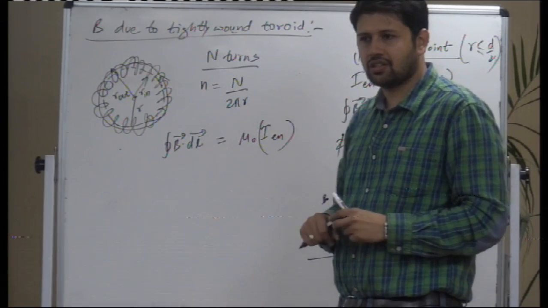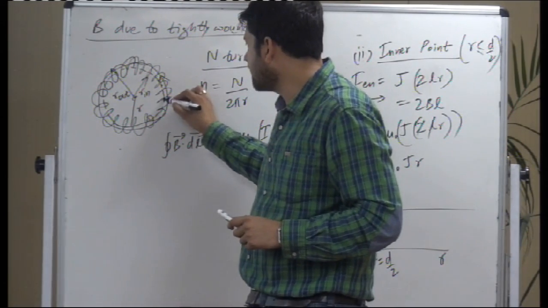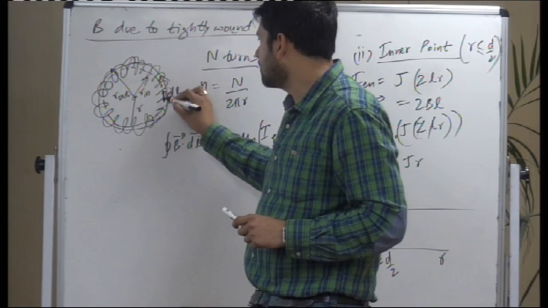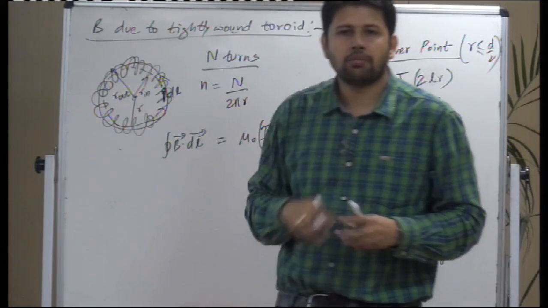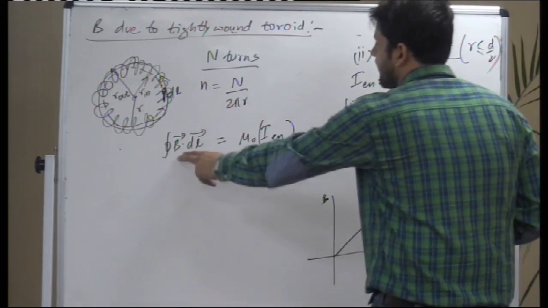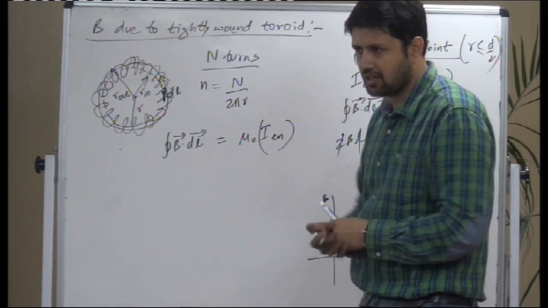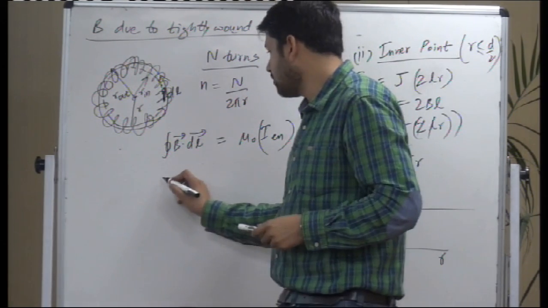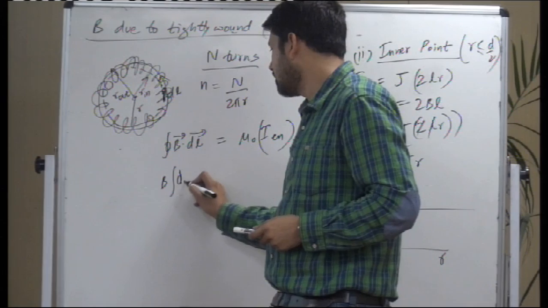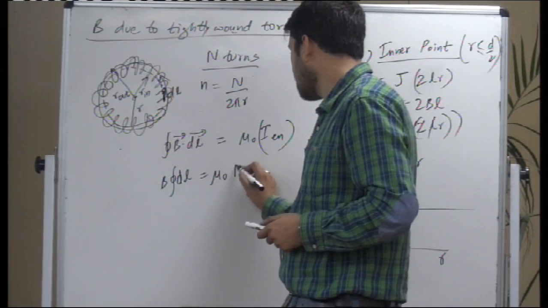For every portion, the magnetic field and dl would have the same direction. So for every portion you can write B dot dl is B dl cos 0. Take B out. This thing would become this, which is equal to mu naught capital N I.